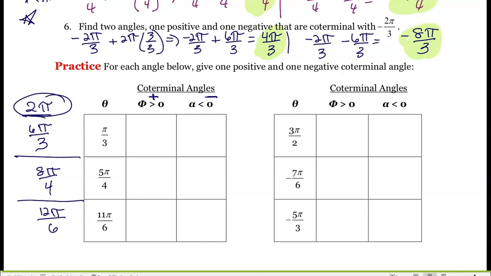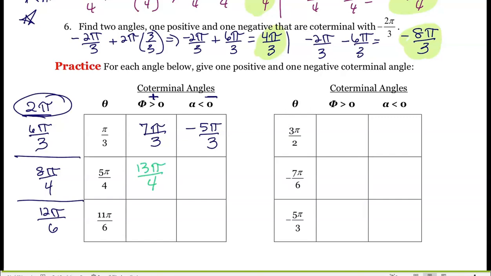If I add 6 pi over 3 to pi over 3, I get 7 pi over 3 for my positive coterminal angle. If I subtract 6 pi over 3, I get negative 5 pi over 3 for my negative coterminal angle. If I add 8 pi over 4 to 5 pi over 4, I get 13 pi over 4.